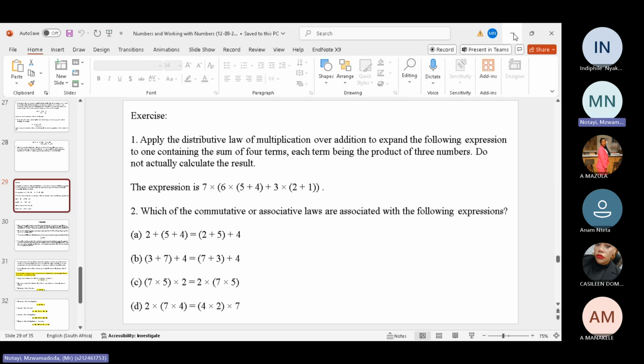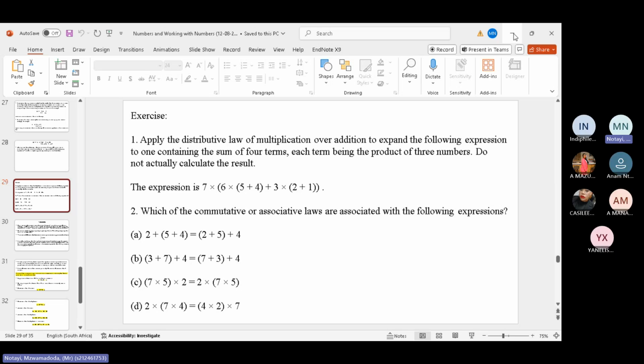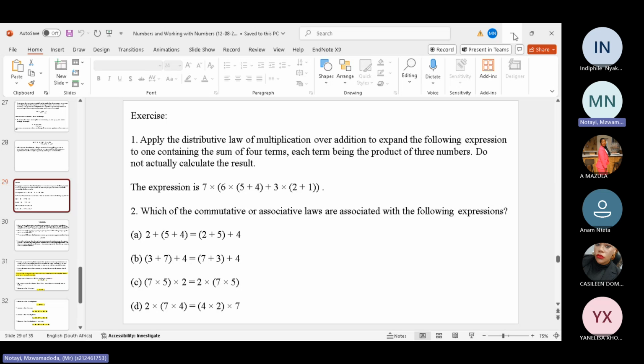So obviously the first term would be 6 multiplied by 5. That is the first term. And then the second term, we'll get it when we multiply 6 by 4, that is to break that bracket.